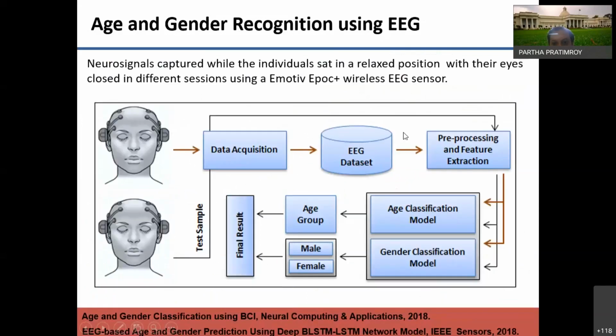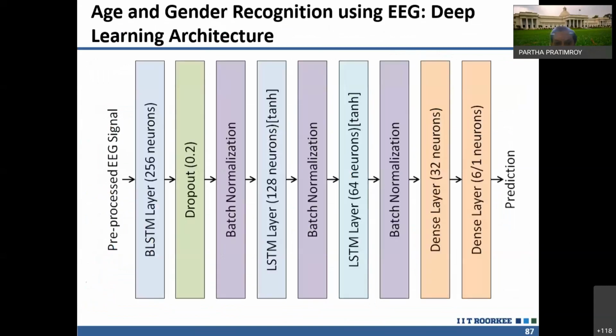Then we have a training data set, we make models using LSTM, and given a test data, we process it using the model and get the result, what is the age or what is the gender.